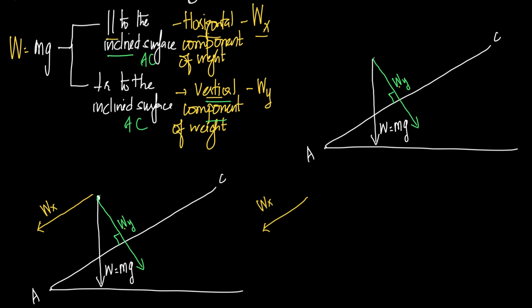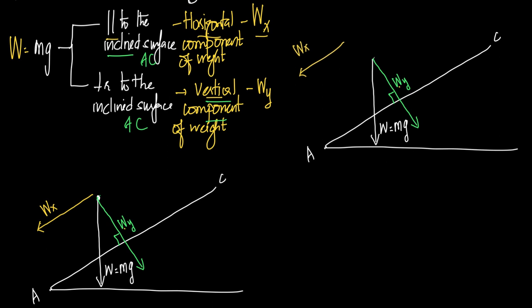We know by the basics of vectors that if this vector is displaced from its initial position, it doesn't affect its properties. You can keep this vector anywhere in this plane, and it still acts as Wx. It doesn't matter where it is kept.